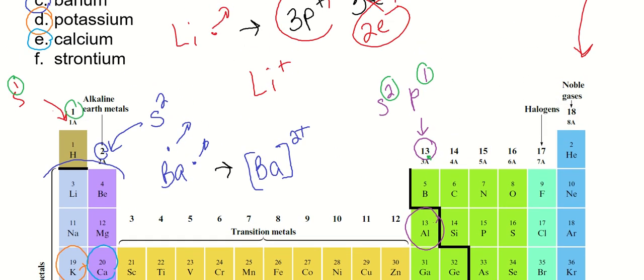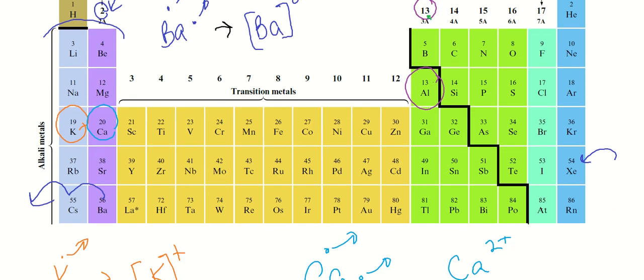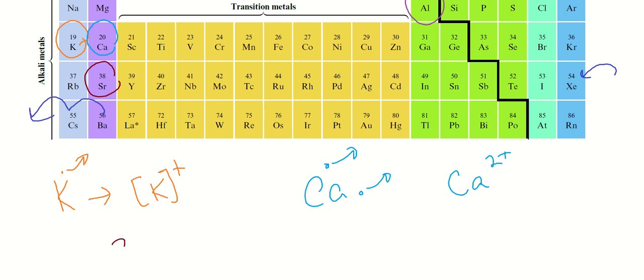Let's see, 1 more to go. Here we go. Strontium, right below calcium. That's also like barium, it's going to look the same. Again, group 2, alkaline earth metals, 2 valence electrons, they lose them to achieve the octet rule.